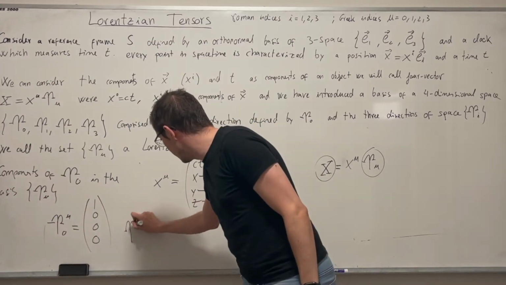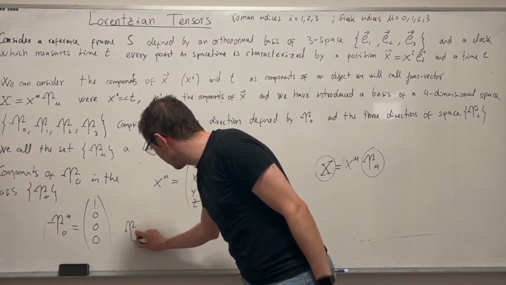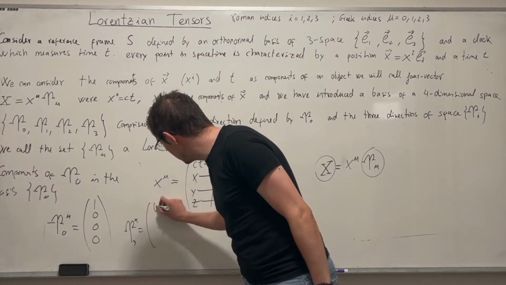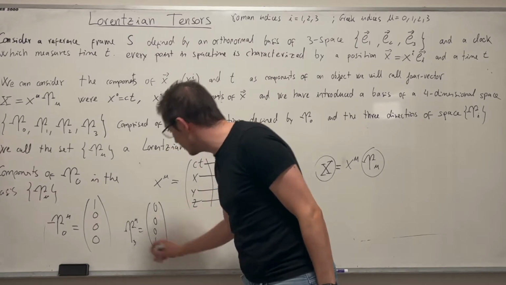Just for finishing, for epsilon 3 the components would be 0, 0, 0, 1. You see how this goes.